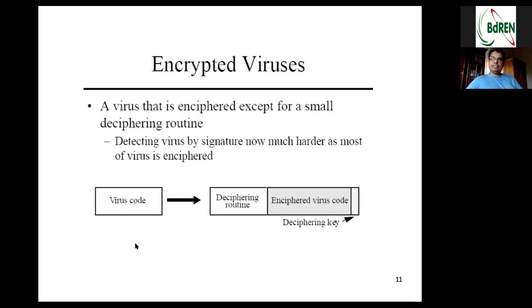When that infected file boots, it contains a small decryption routine. That routine will decrypt the body, get the virus code and execute it. They encrypt their body from one infection to the other using different keys, so the body is different from one infection to the other. Then virus scanners have difficulty detecting them.